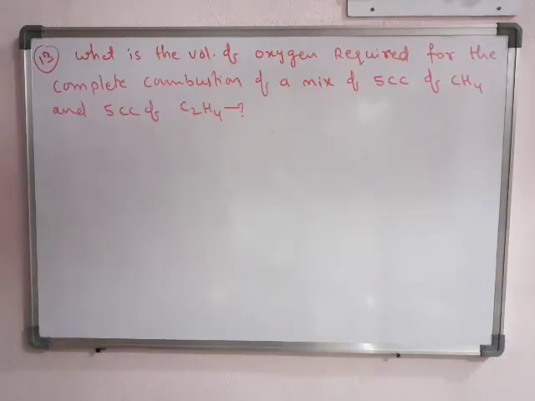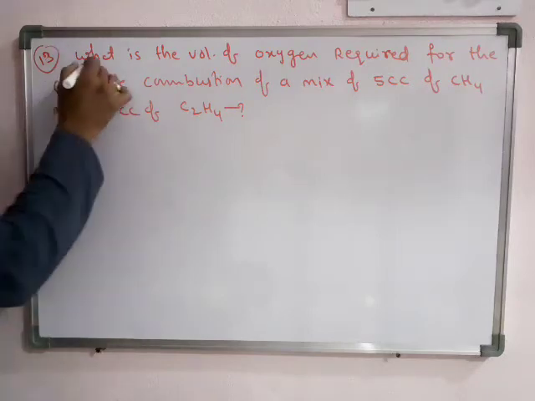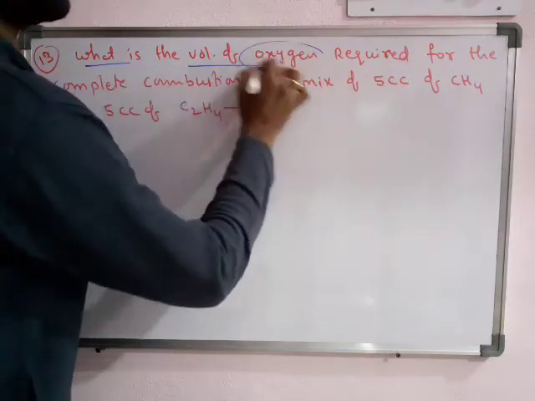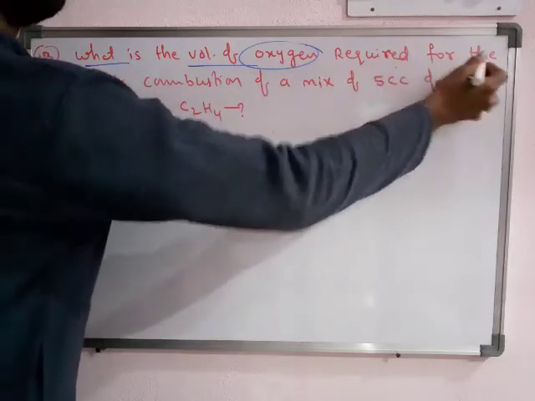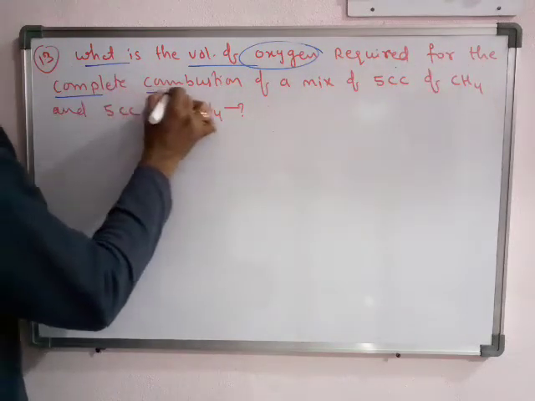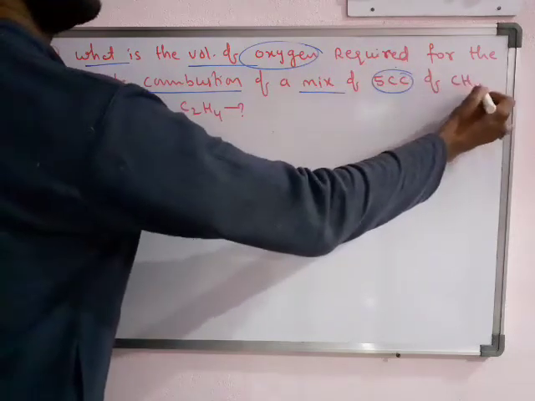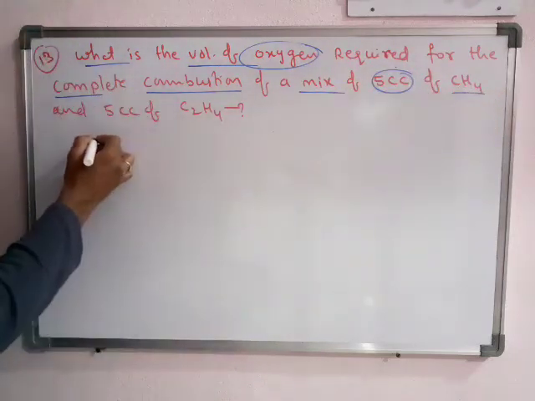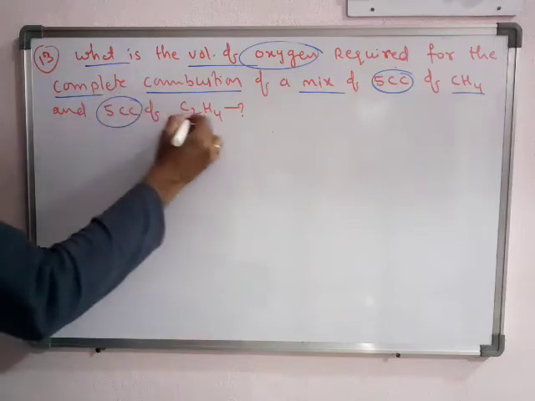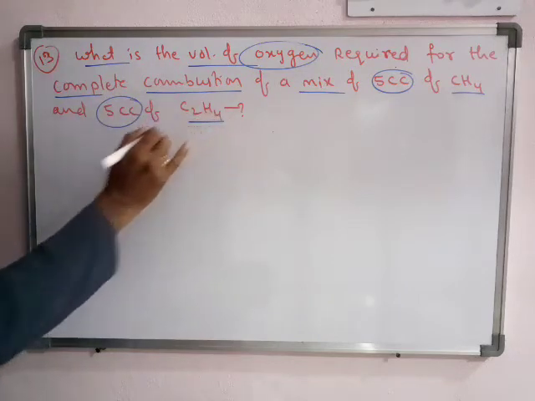Okay, see question number 13. What is the volume of oxygen required for the complete combustion of a mixture of 5 cubic centimeters of methane and 5 cubic centimeters of ethene?